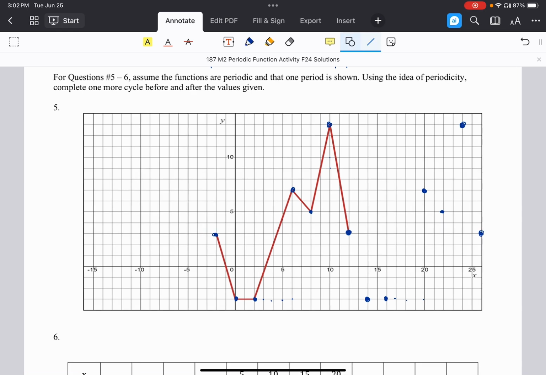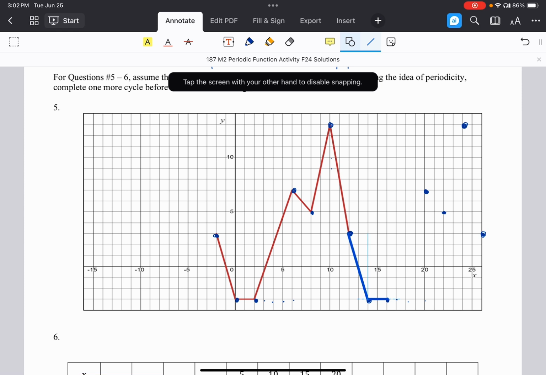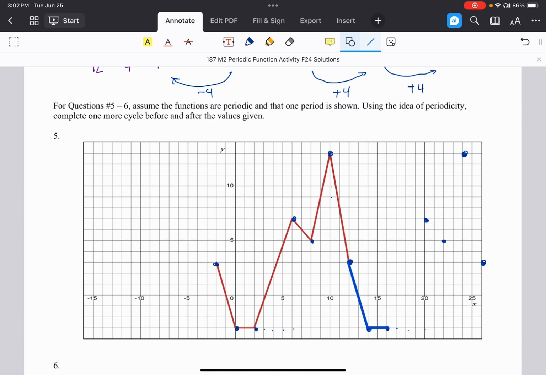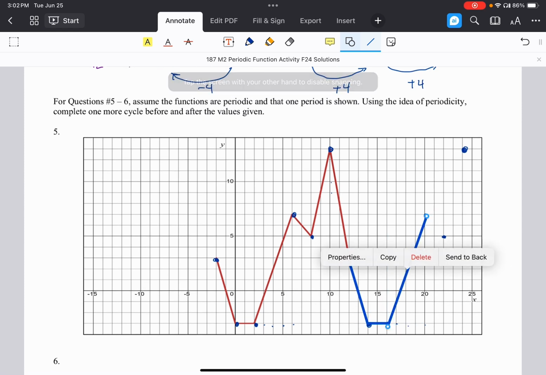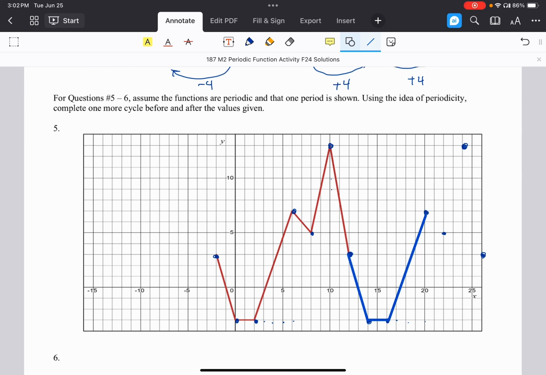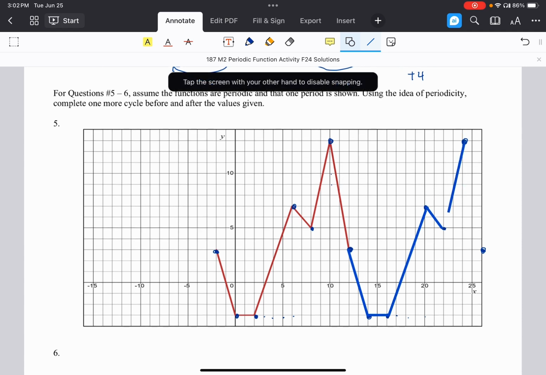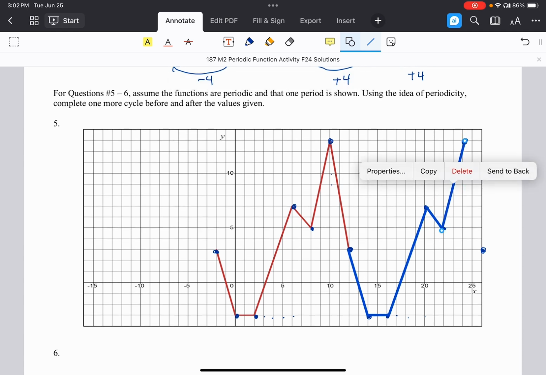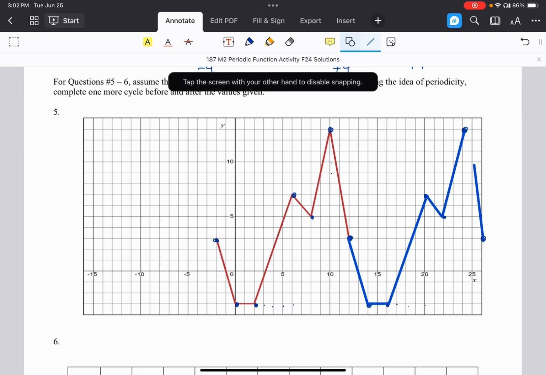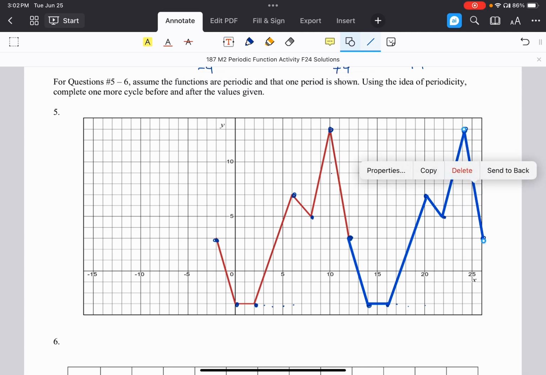And I'm going to use a little line tool to help me make this a little easier. And understand that yours might not be quite perfect, but it's the general idea, and you should see a pattern.